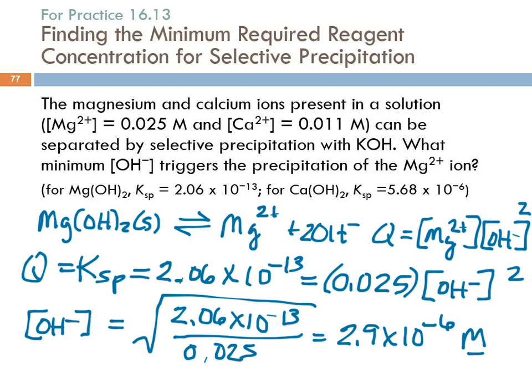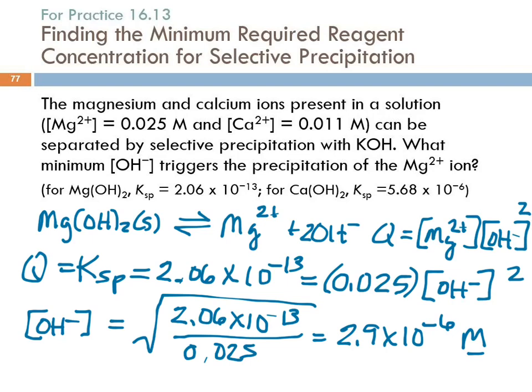I would use the 0.011, thank you. Okay, I got it. 0.0227. So you'd have to get up to a hydroxide ion concentration of 0.0227 before any of the calcium would begin to precipitate. So up until that point, only magnesium would precipitate.